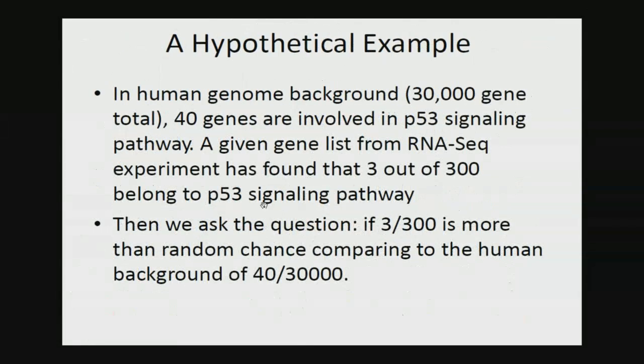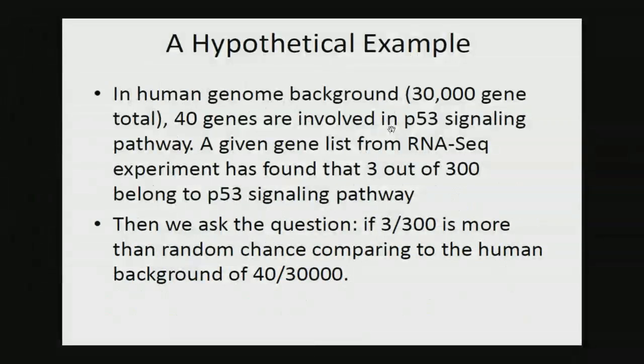A simple hypothetical example. Suppose we have 30,000 genes in the human genome background, and 40 of them are involved in the p53 signaling pathway. So 40 out of 30,000 genes belong to that particular signaling pathway.